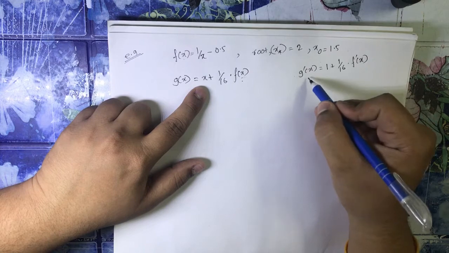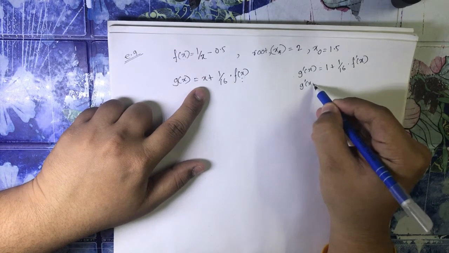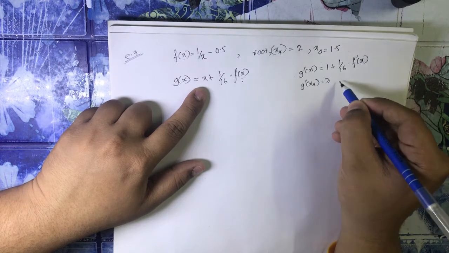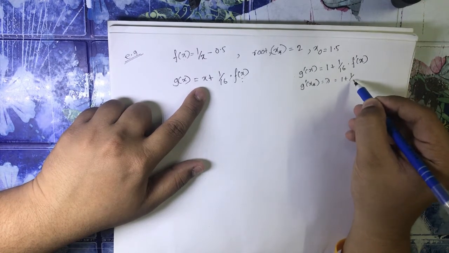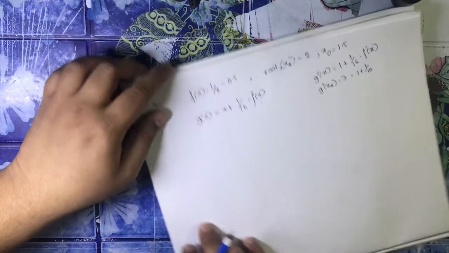Plug in x star and you get lambda. So g prime of x star equals lambda, which equals 1 plus 1 over 16 into the value of the first derivative of the function.